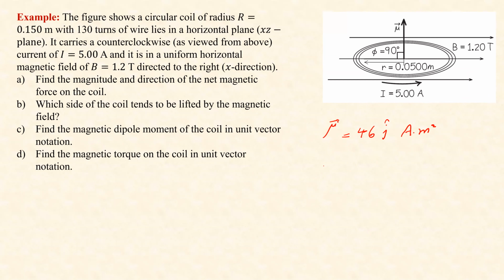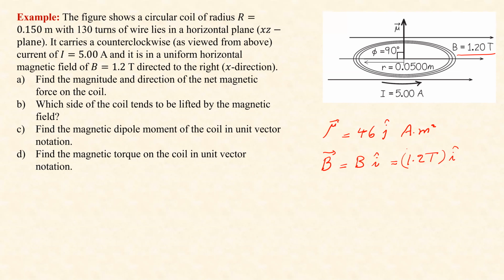And then B, because torque is mu cross B. How can I write B in unit vector notation? B as a vector becomes the magnitude of B times the direction, I hat, right? It's in the X direction. And therefore it becomes 1.2 Tesla times I hat.